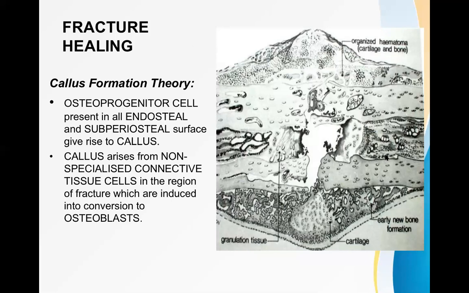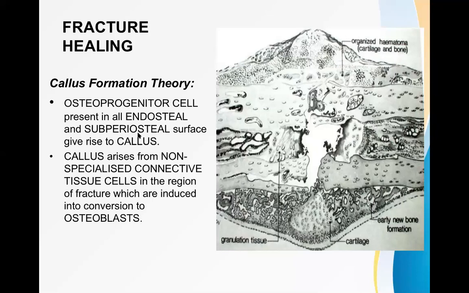Now let's move further. Now see this, the callus formation theory. Already talked about. Actually this is just a repetition of the same thing we have talked about. From where do these cells originate, what is the origin? These osteoprogenitor cells are present in all endosteal and subperiosteal surfaces, which give rise to callus.